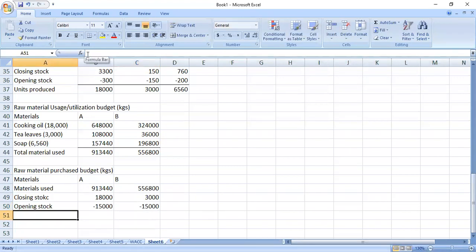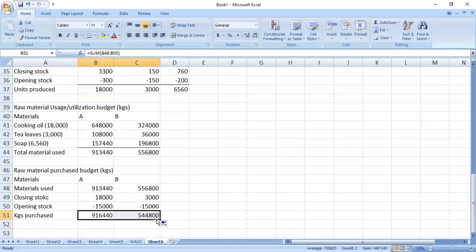So this will be now kgs purchased or material purchased. Where they want the cost, you know what you bought, so you just attach the cost that you incurred, and you can confirm from here.